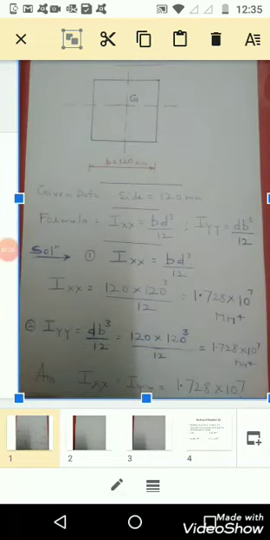Iyy is equal to db cube by 12, which is equal to 120 into 120 cube divided by 12, which is equal to 1.728 into 10 raised to 7 mm raised to 4. So here both Ixx and Iyy are the same as it is a square. Okay. So next slide please.